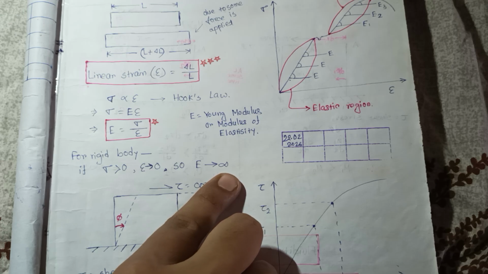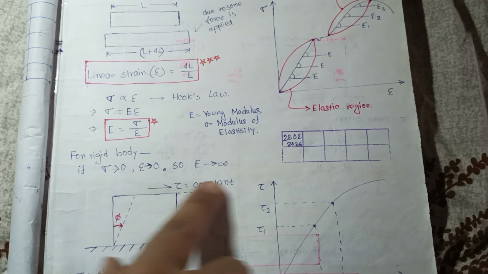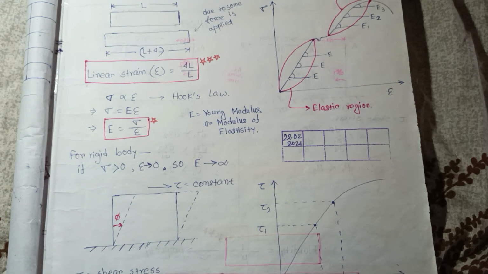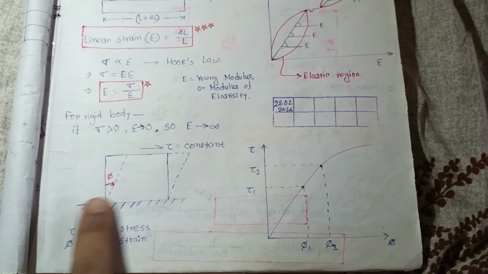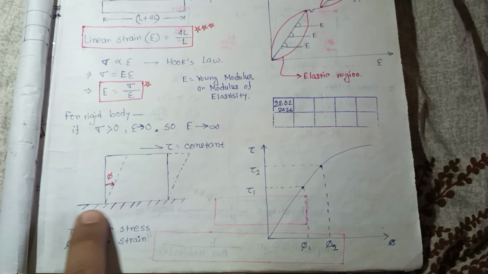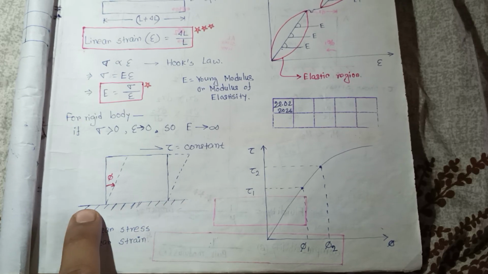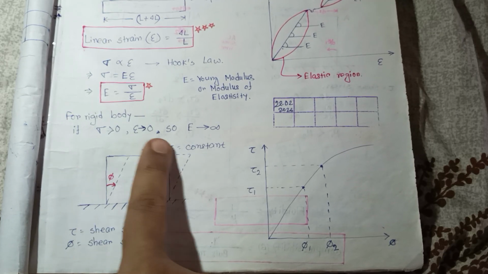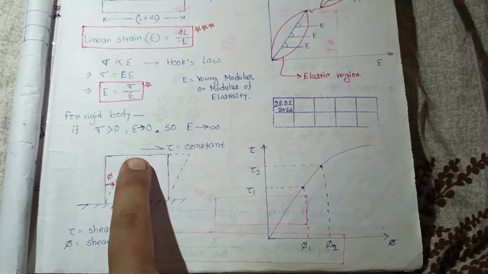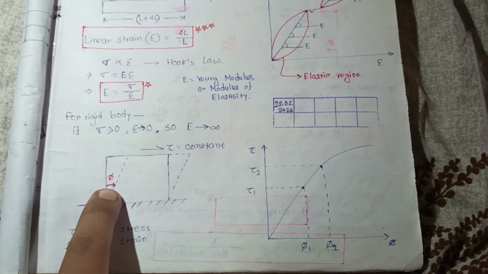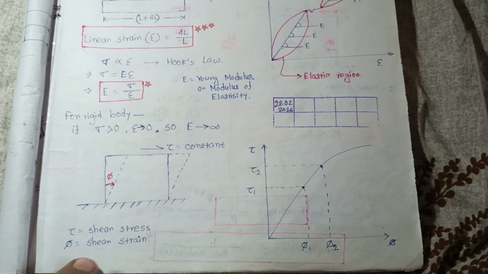So the Young modulus value will be infinite if there is a rigid body. Okay, now suppose this is the rigid surface here, and on that there is a solid, and if you apply shear stress tau equal to constant, there is a phi, that is the shear strain.